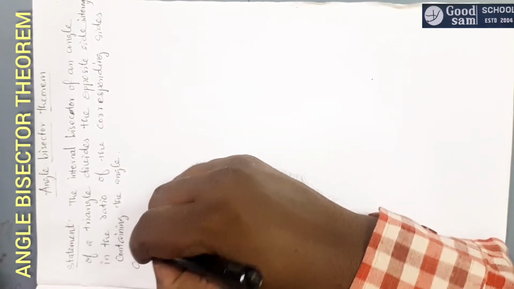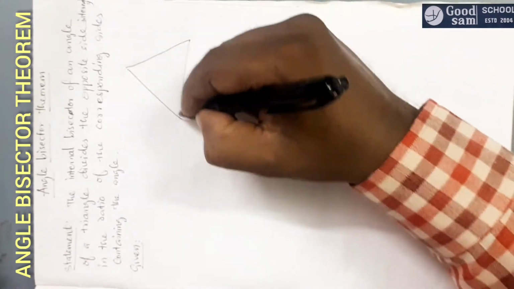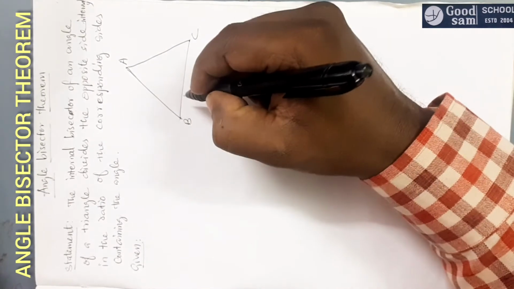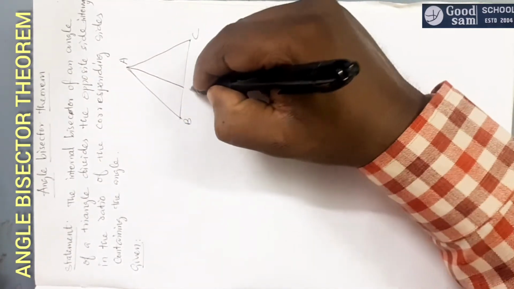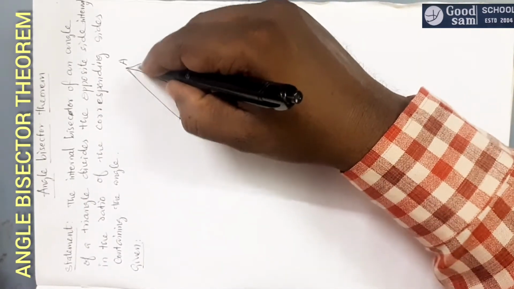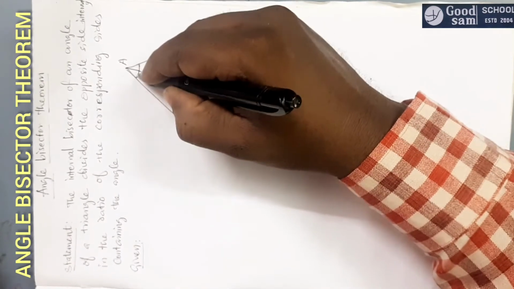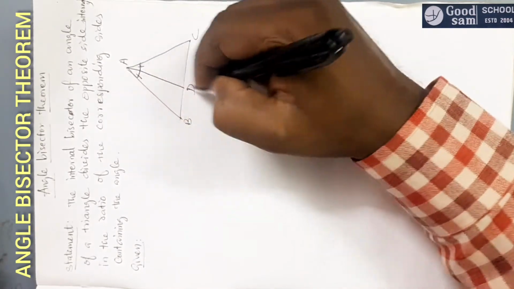Then given: in the given there is a triangle ABC. In triangle ABC, AD is an angle bisector of angle A. Angle bisector means if angle A is 60 degrees, it will divide it into 30 and 30 equally.